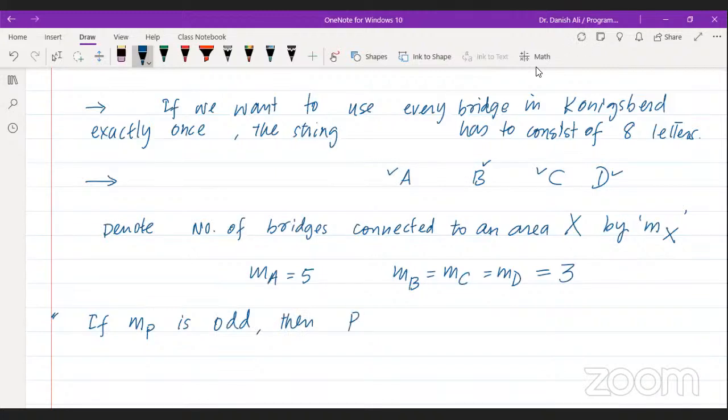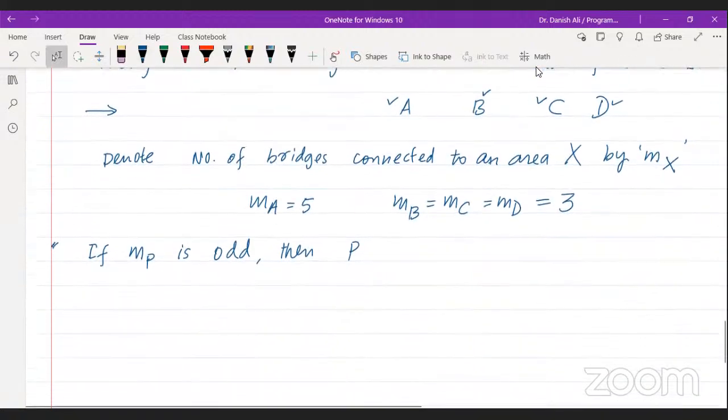For example, if one of the areas is connected with an odd number of bridges, how many times will that letter appear in the string?